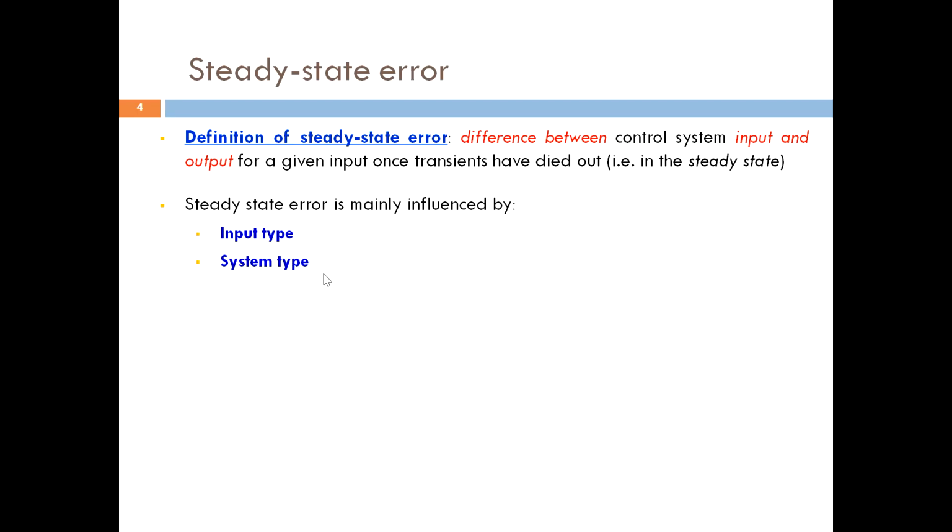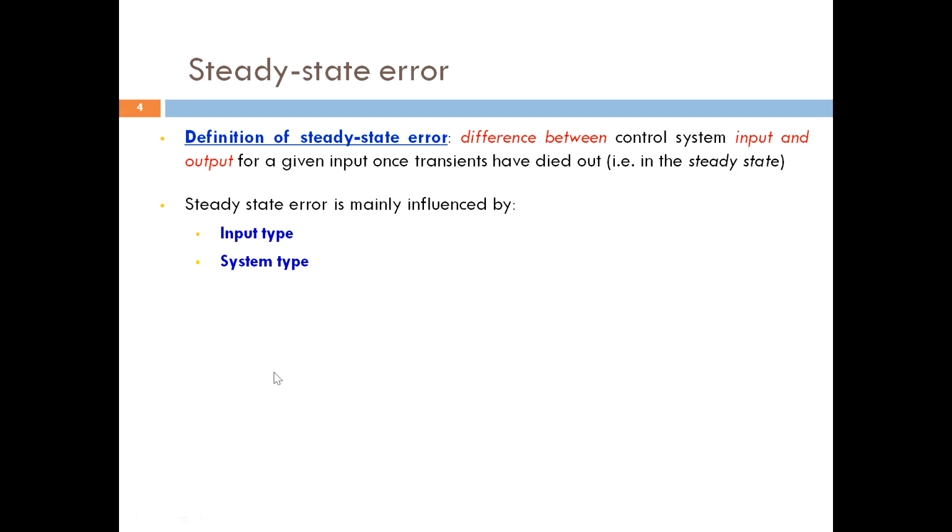This basically means that for a given system, changing the input will normally change the steady state behavior of the system also. And conversely, for a given input, changing the system type will also change the steady state behavior of the system.